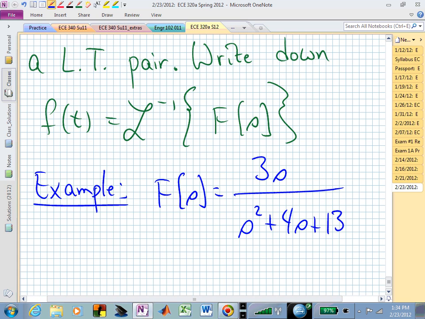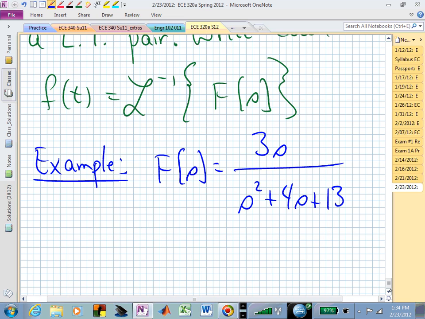It's going to depend on how this denominator factors. We want to know what are the factors of that denominator, and that's going to tell us quite a bit of information. Here I have an s squared plus 4s. That's begging me to see if I can complete the square.